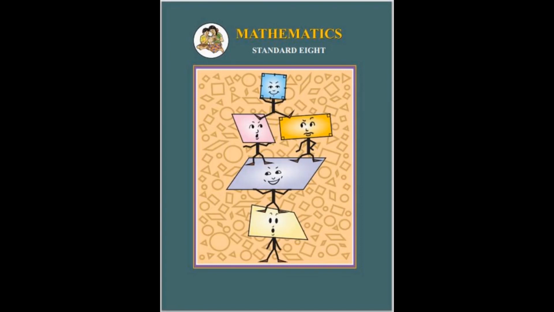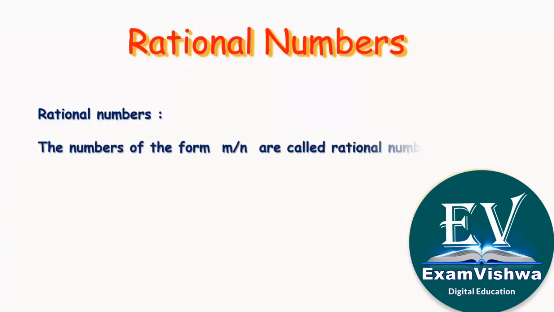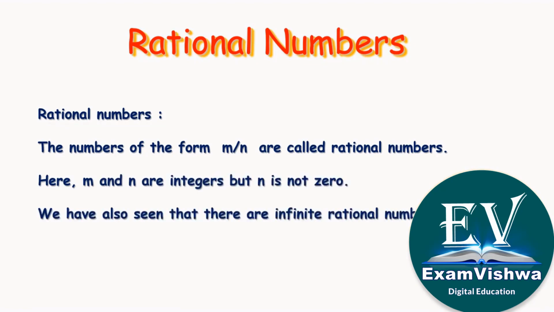And first chapter is rational numbers. Rational numbers are like fractions. Even 1 can be written, or 3 can be written, in rational number format. 3 is equal to 3 upon 1. You should remember that.